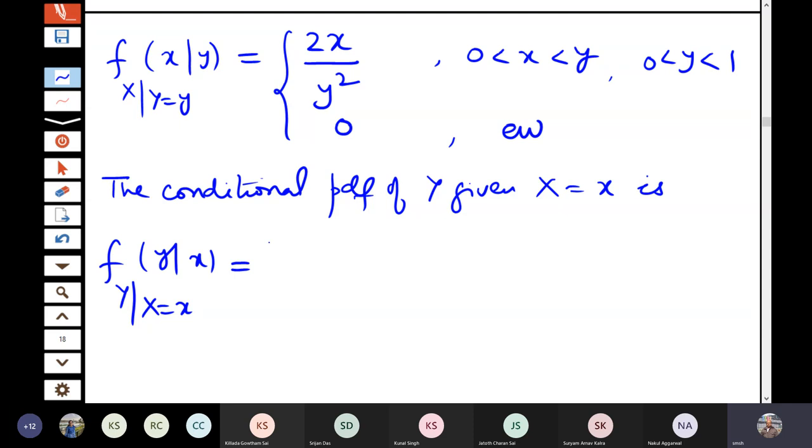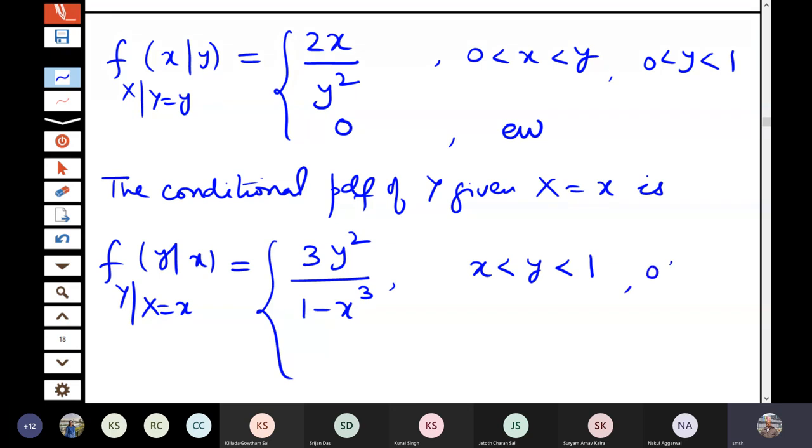Again, that is 10 by 3, so that will become 3, and then x will get cancelled out, so you will get 3y square divided by 1 minus x cube, where y will lie between x and 1, where of course x is a number between 0 and 1. So this is the probability density function of y given x.